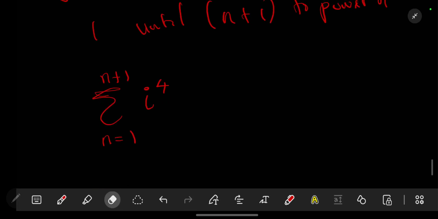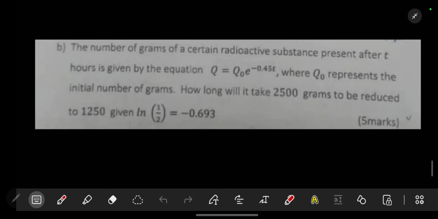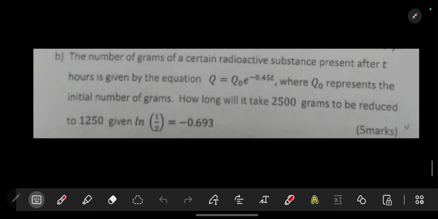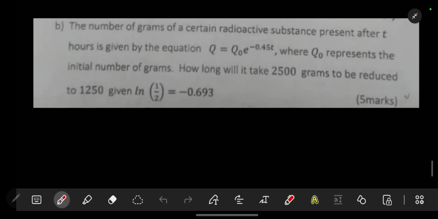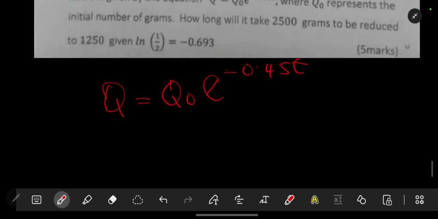Then the next one is, provided with this question, the number of grams of a certain radioactive substance present after T hours is given by the equation. So we have Q equal to Q0 e to the power of negative 0.45 T, like that.